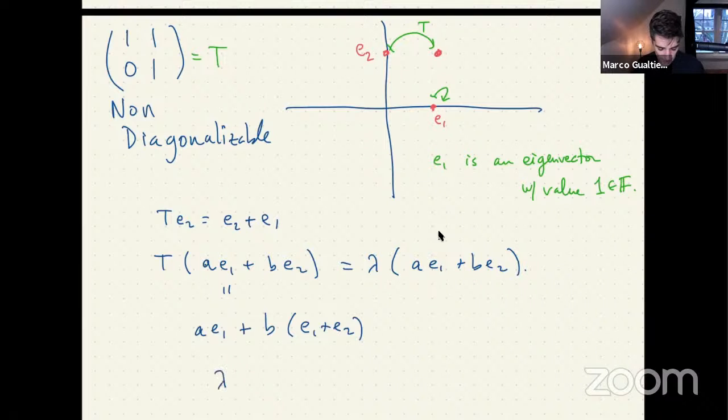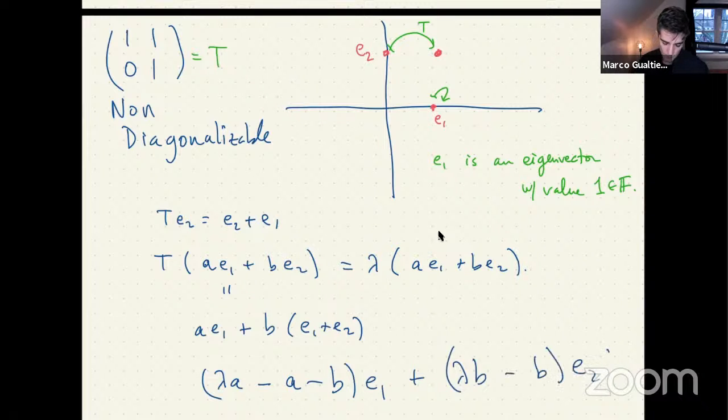So then I'm going to get (lambda A minus A minus B) E1 plus (lambda B minus B) E2 is equal to 0.